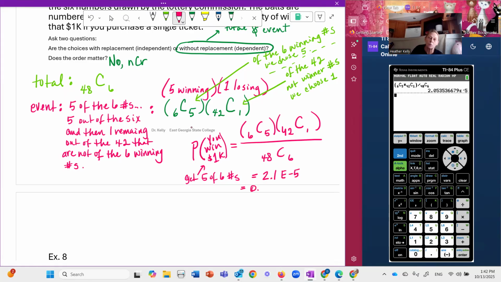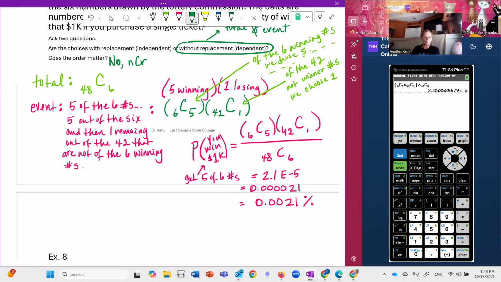That's 0.000021, and if we put our new decimal place in there, 0.0021%. That's 21 ten-thousandths of 1% chance.